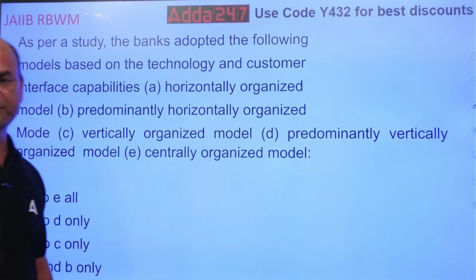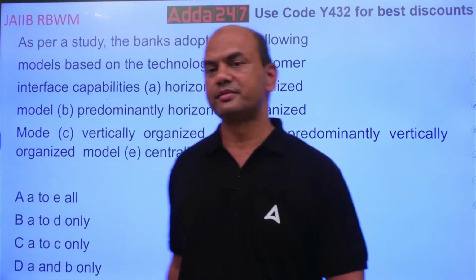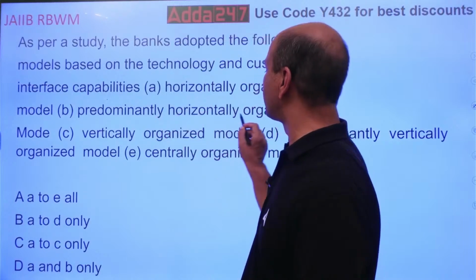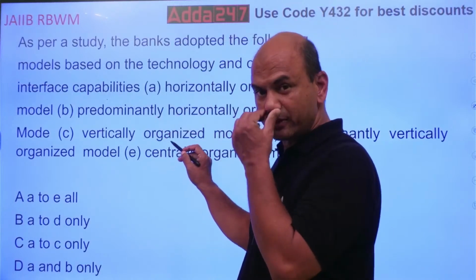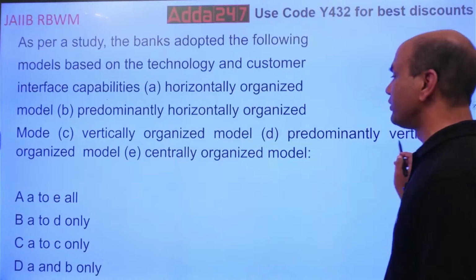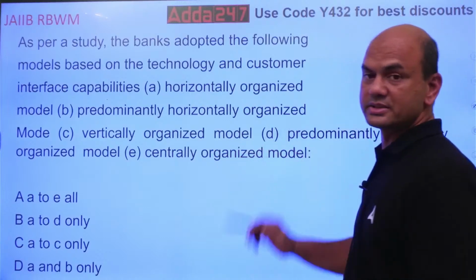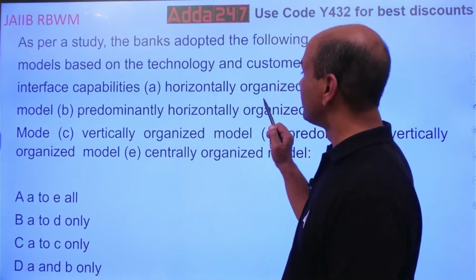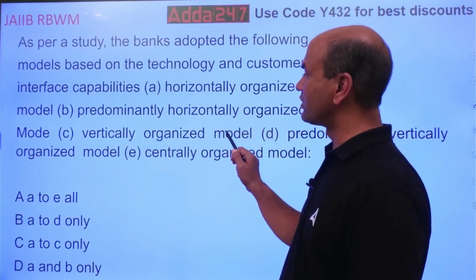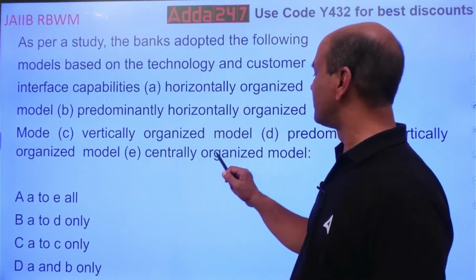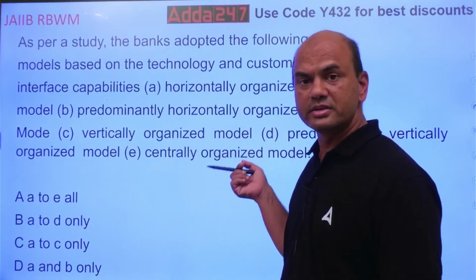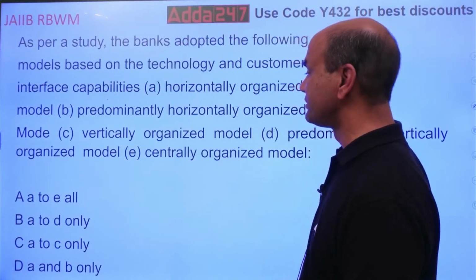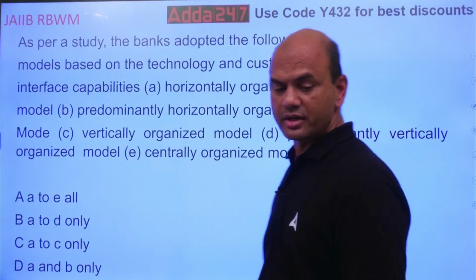Horizontally organized, predominantly horizontally organized, vertically organized, predominantly vertically organized, and centrally organized. Which one is followed by the bank? Which is it that is followed? Think over it, everyone.